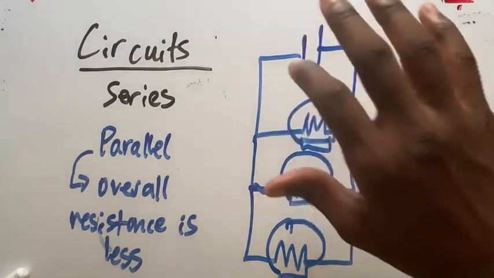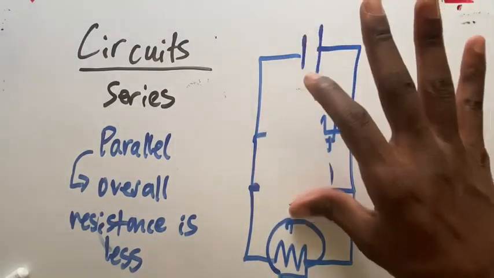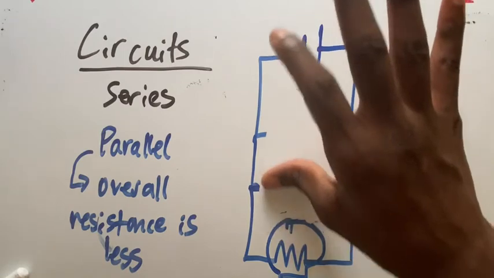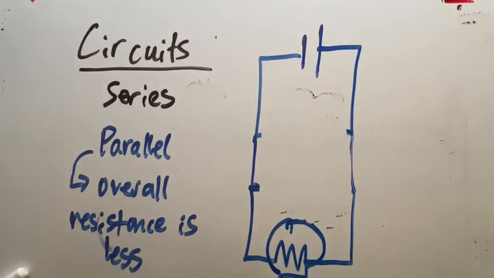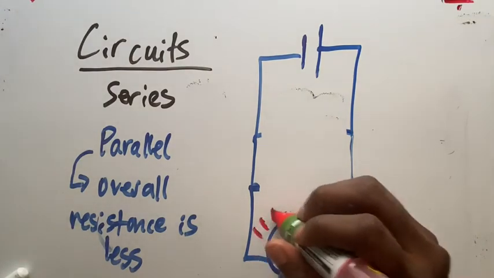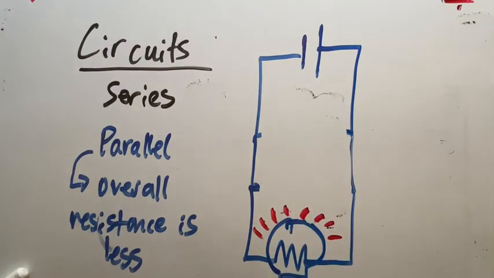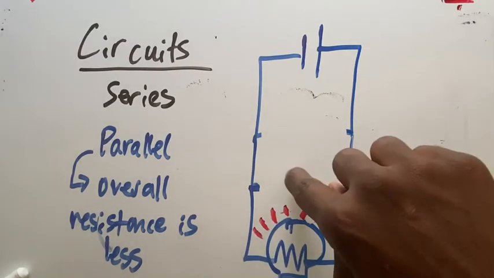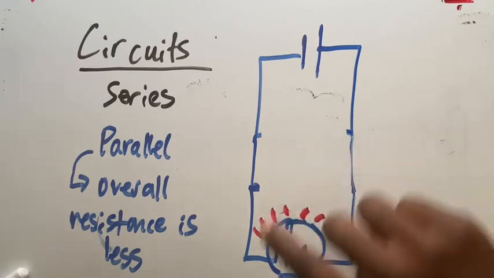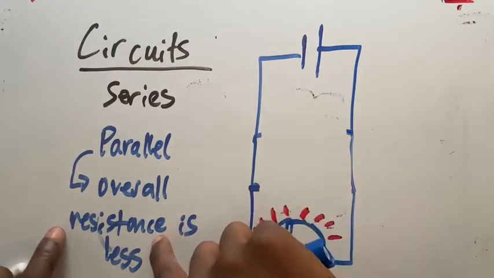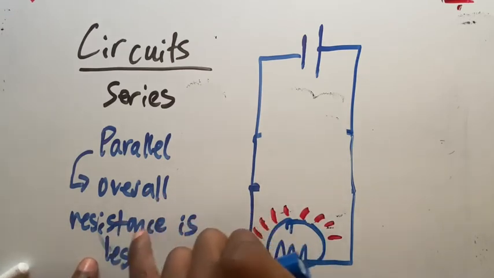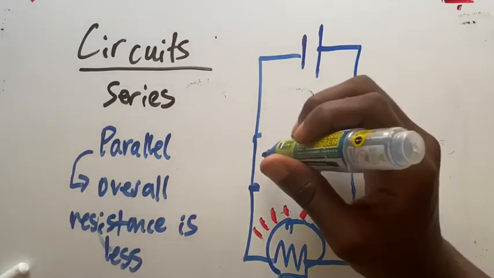Well, let's say I only have one bulb, and it's shining kind of bright. Now let's say I add another light bulb in parallel. The resistance is going to decrease.